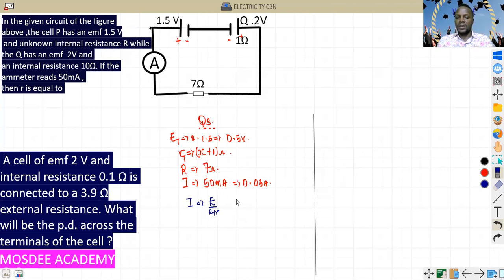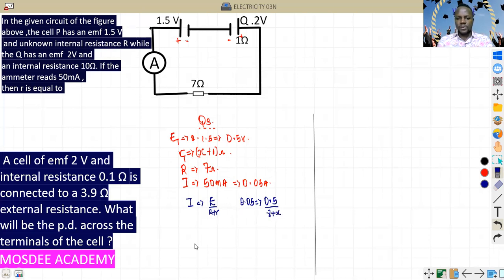You are going to have something like this. Here I is 50 mA, that's 0.05. I am substituting directly: 0.05 is equal to, E here is 0.5, over R plus r. This is 7 plus X plus 1. That is 8 plus X.